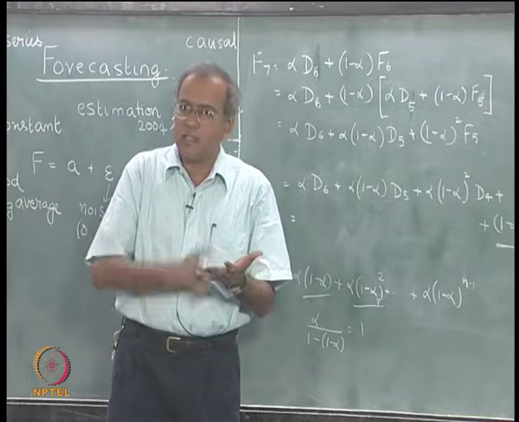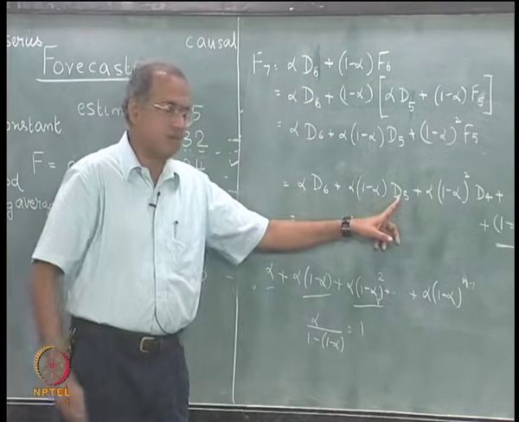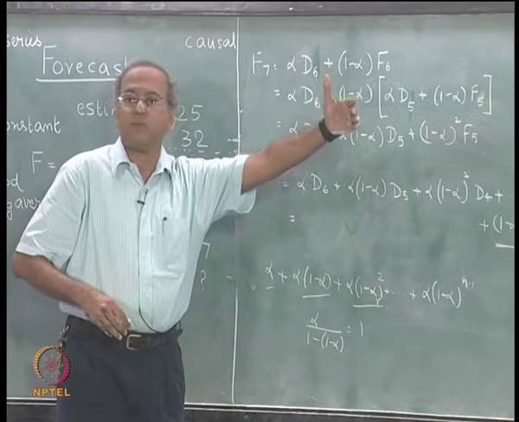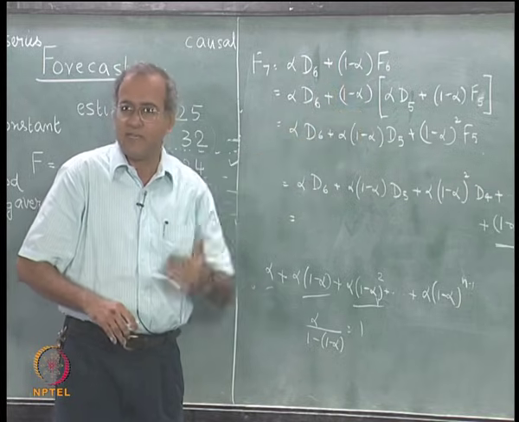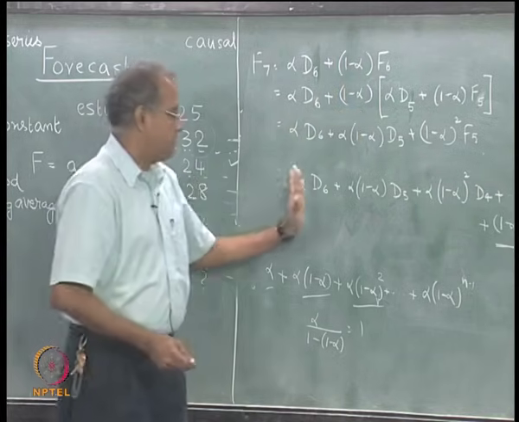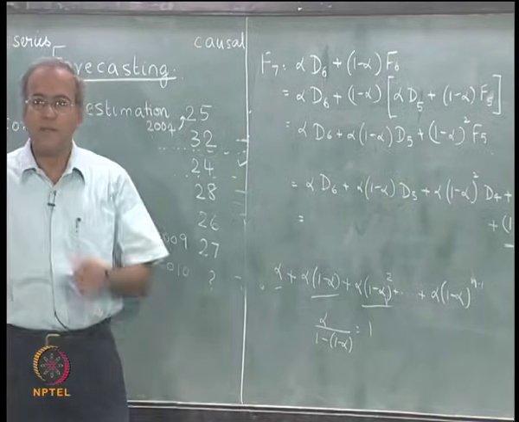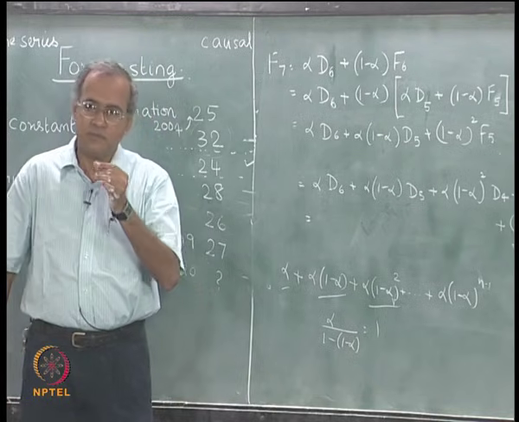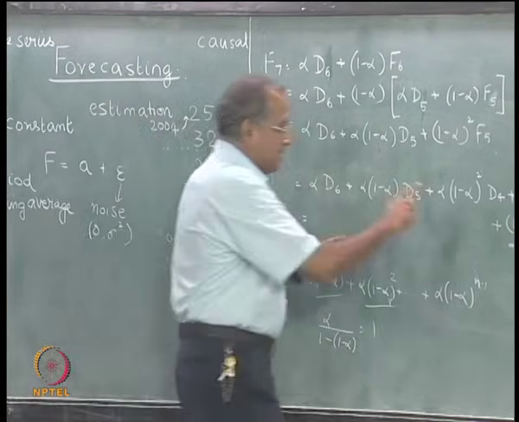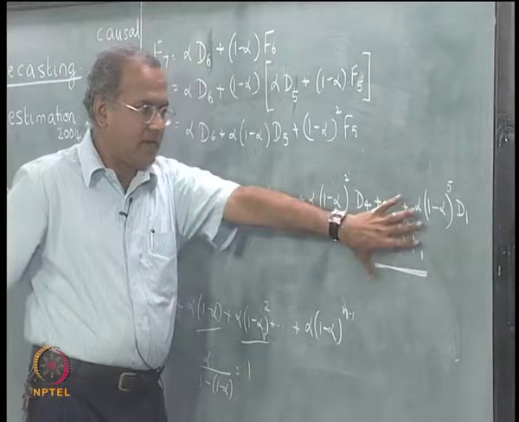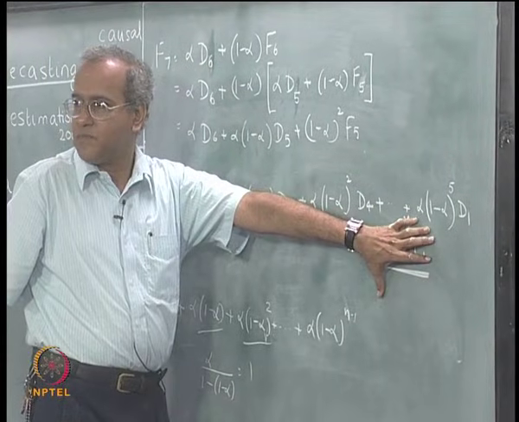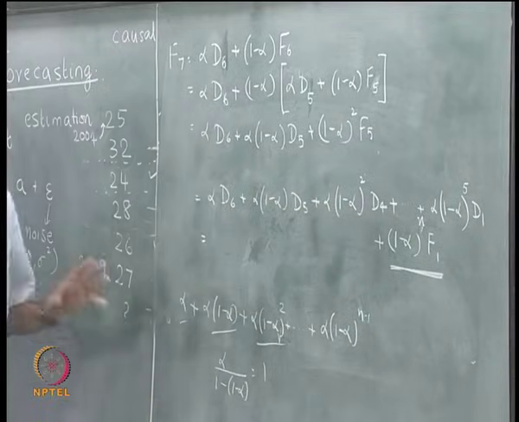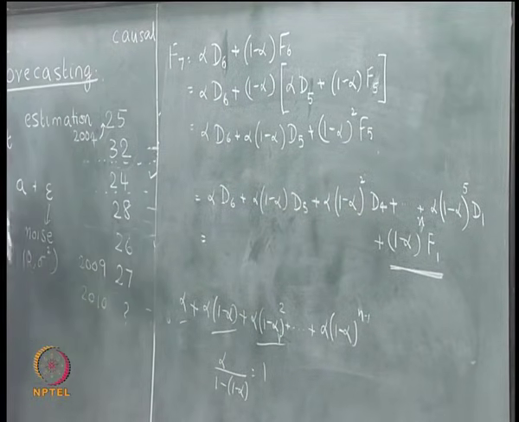We wanted to use all the terms, we are using all the demand terms. We want progressively decreasing weights as we move to the past, or progressively increasing weights for more recent data, which is what is happening here. The sum of the weights adds up to 1, and the last term tends to 0. So it is like a weighted average that we have.